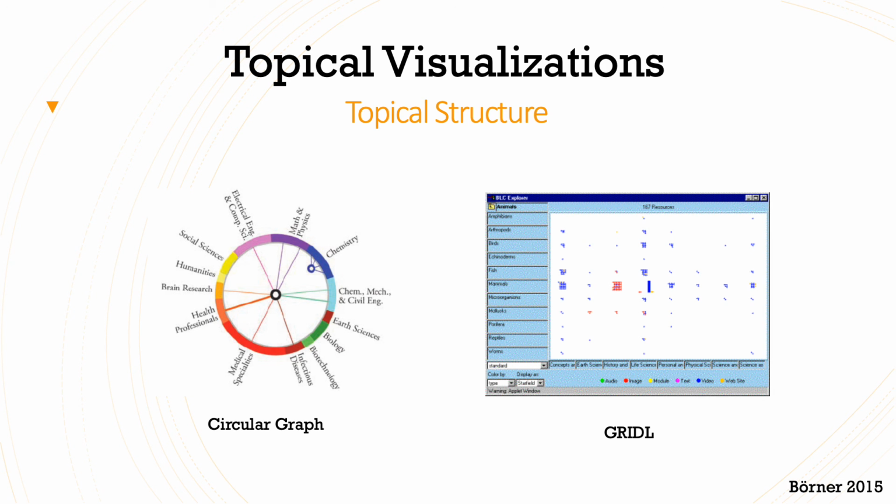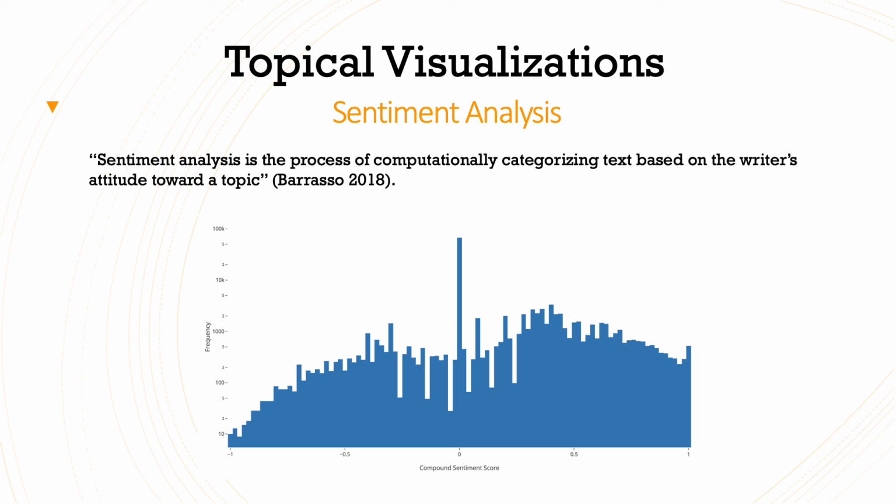And finally, we'll take a look at a sentiment analysis, which was part of our Barrasso reading, which was an interesting type of visualization. Its goal is the process of computationally categorizing text based on the writer's attitude toward a topic.